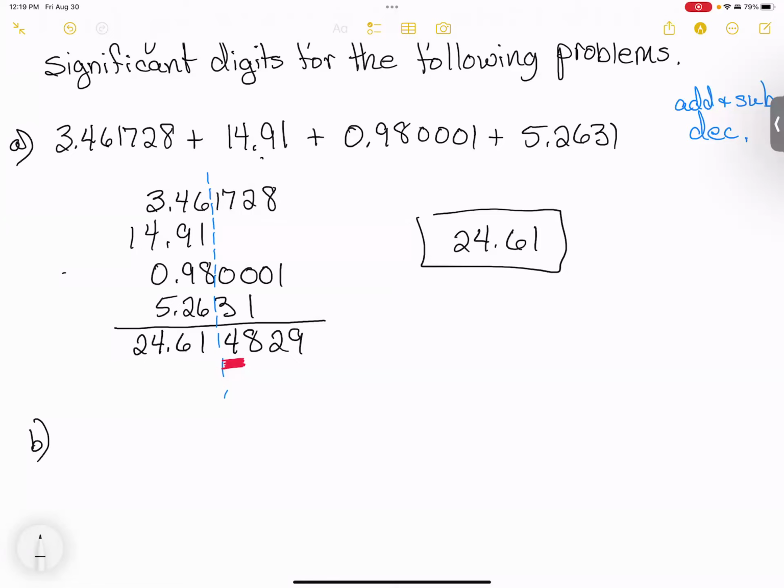Let's look at another example. 22.101 minus 0.9307. Again, I notice that this is addition and subtraction, so it's the decimal places that matter.